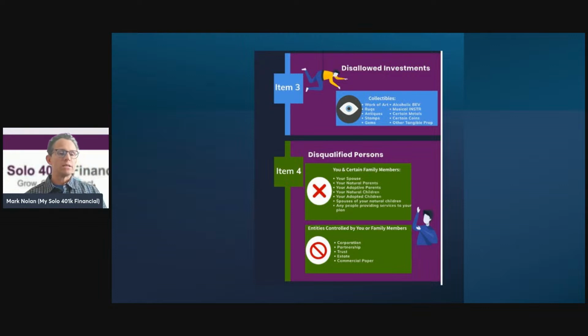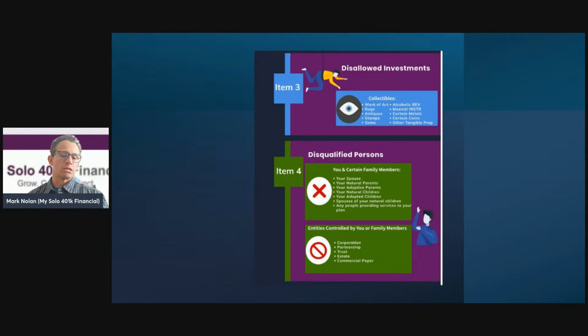It would be prohibited to do an investment with your self-directed 401k provider because they're disqualified parties. As well as entities controlled by your family members. So if your son has a corporation, your self-directed 401k cannot do business with that corporation owned by your son.